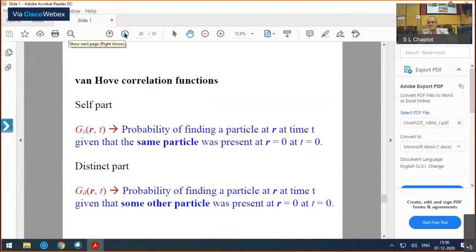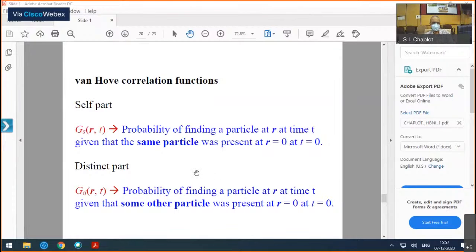Is there some way I can read the question here? No, is it possible to read? No, it doesn't matter. Oh, good, yeah. Okay, sir. Distinct part corresponds to motion of particles. Okay, very good. So I think it's a very good question.